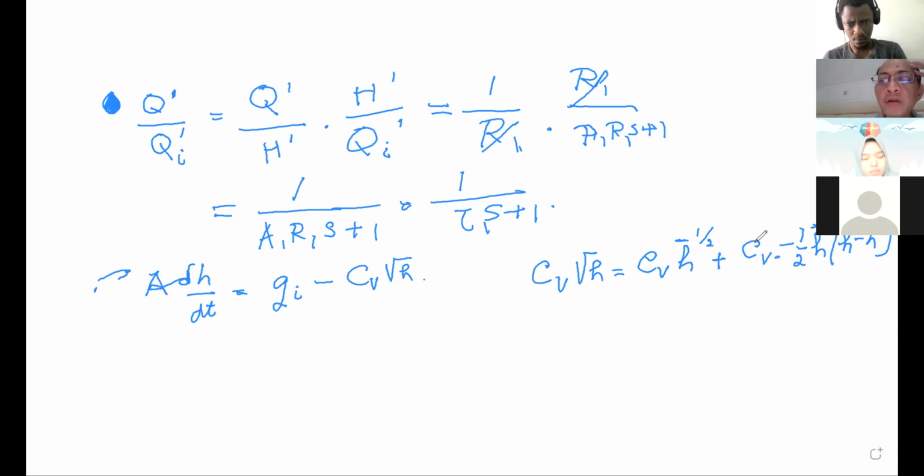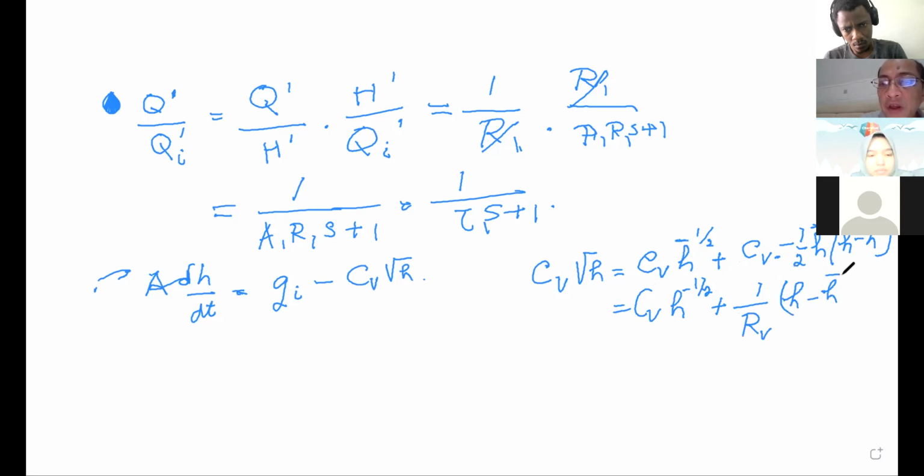So I will get Cv H bar to the half, minus, and this one I will put as 1 over Rv, for example, times (H minus H bar), where 1 over Rv is equal to Cv times minus half times H bar.